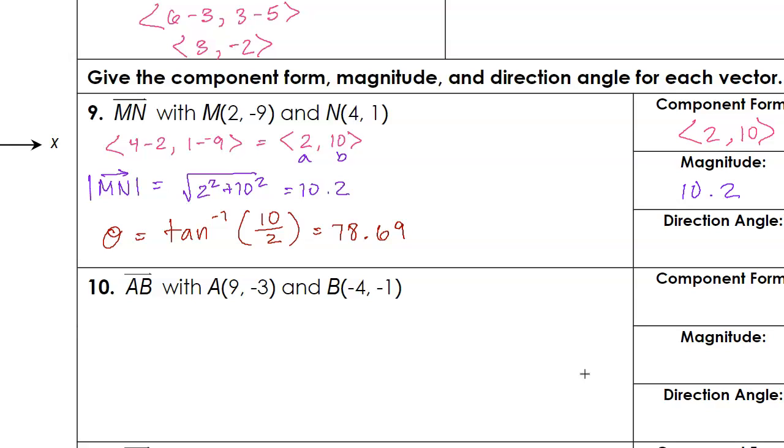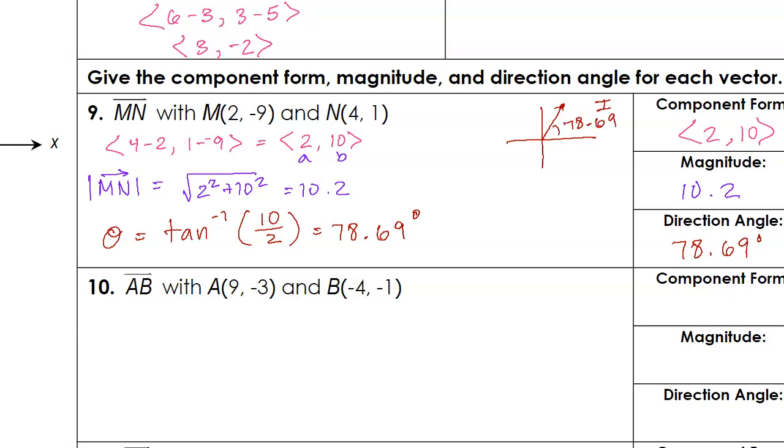You always need to think about what quadrant your vector is in. This component form endpoint is located at 2, 10. Because this is quadrant 1, this is our true answer, 78.69 degrees. This angle right here is 78.69 degrees.